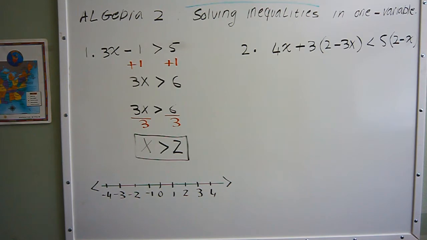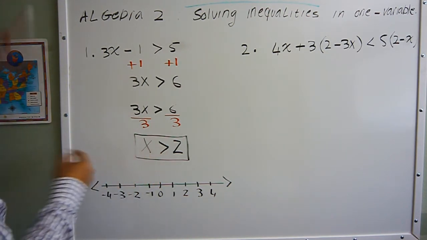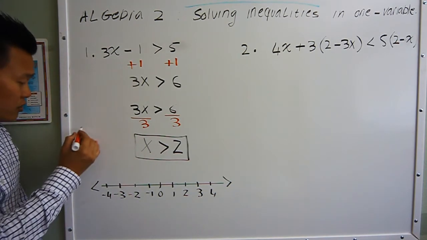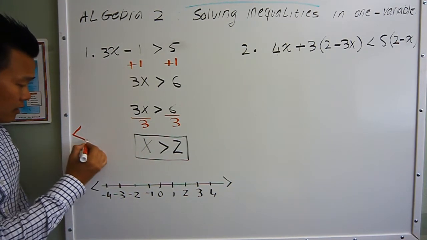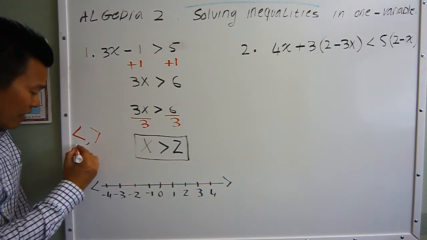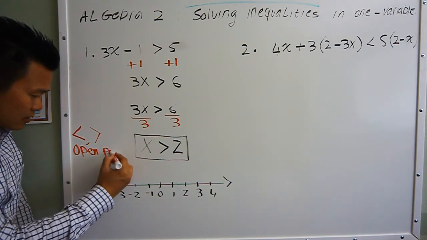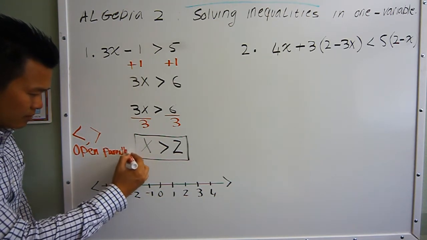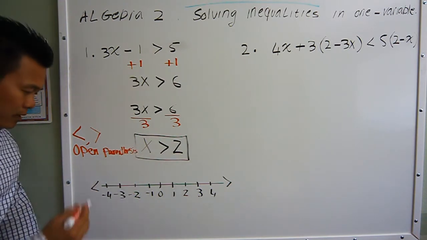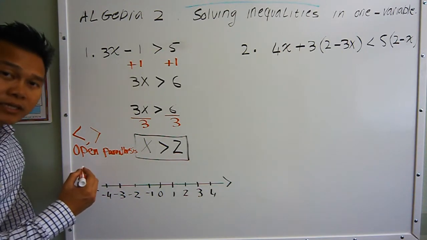To graph the solution, whenever you see a less than or greater than, from now on you're going to graph it using open parentheses. This is very similar to an open circle, but instead of using a circle, we're going to use parentheses.